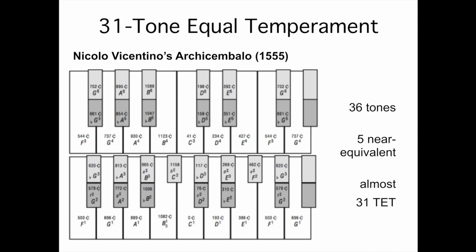So I just wanted to show you some different other ways that things can be tuned. This right here is a 31 tone equal temperament, so it has more than twice as many notes as the traditional piano. But you can see that these keys here split what we usually think about as the black keys into multiple parts, and in some cases they actually split the white keys into multiple parts so that they can get all 31 pitches. You don't need to memorize this, but it's an interesting example from Niccolo Vincentino.